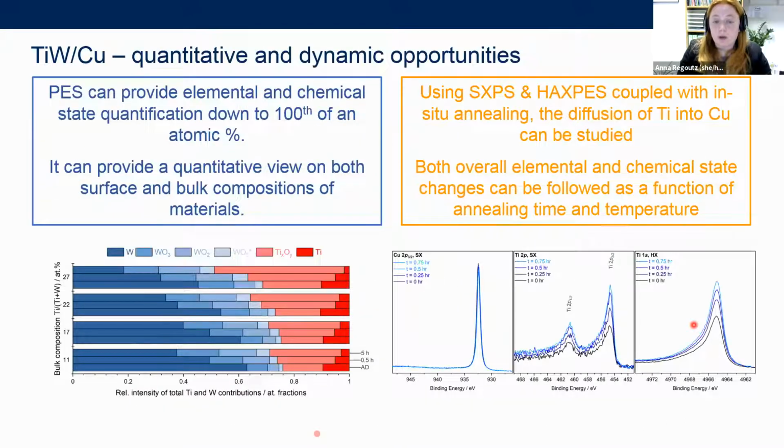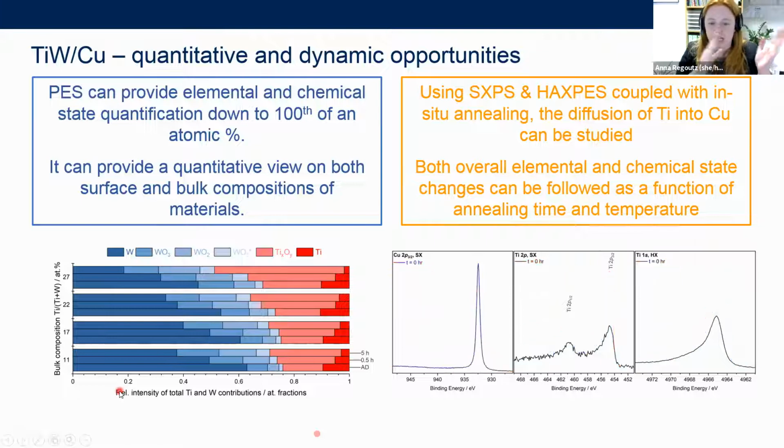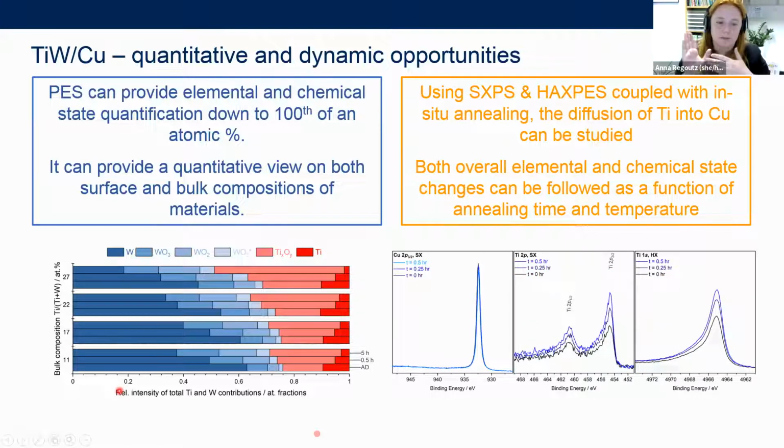Now, you can go beyond just qualitative pictures of these diffusion barriers and in photoemission in general, where we go beyond just saying, oh, look, there are some different chemical states and there's some electronic structure, that's great. You can quantify this. So on the left-hand side, this is a plot from the same work showing you the changes in relative concentrations of the different oxidation states.